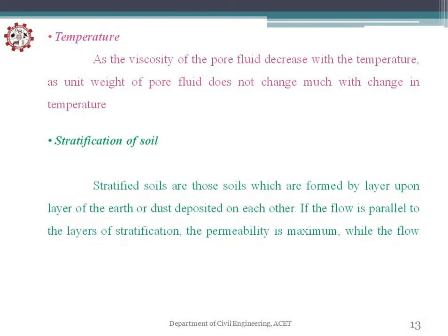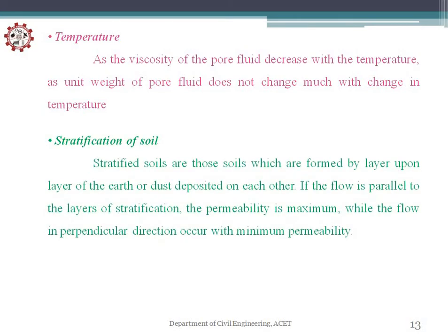Next is stratification of soil. Stratified soils are those formed by layer upon layer of earth or dust deposited on each other. If the flow is parallel to the layers of stratification, the permeability is maximum, while if the flow is perpendicular to the layers, the permeability is minimum.